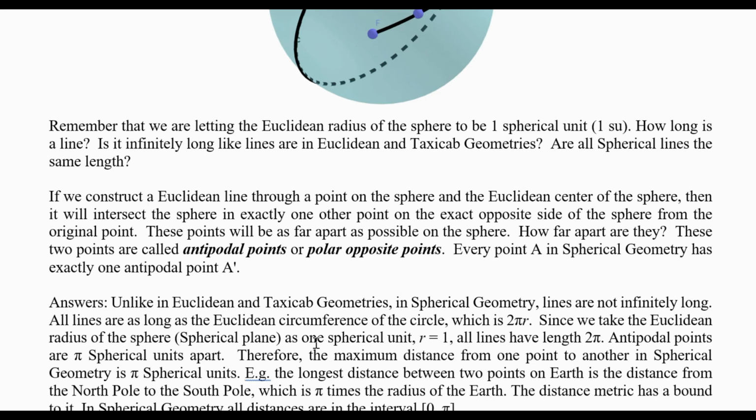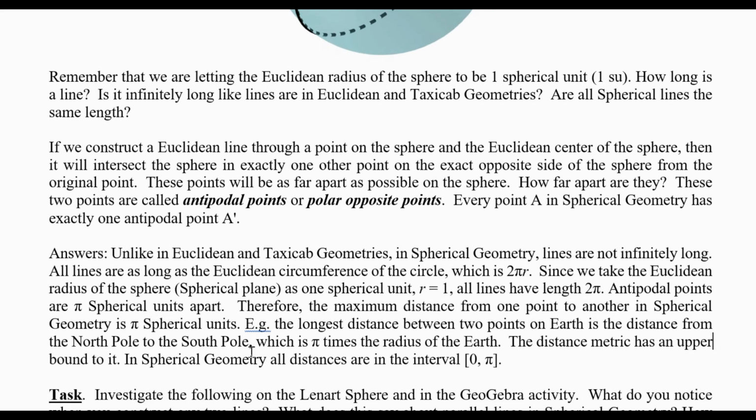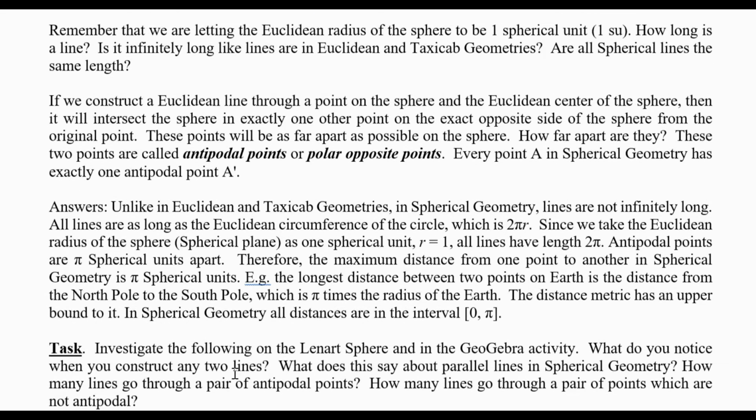So the distance metric has an upper bound. Of course, it always has a lower bound of 0 for any metrics, but it has an upper bound to it. In spherical geometry, all distances are in the interval from 0 to pi.